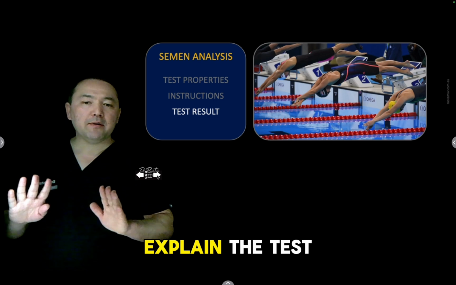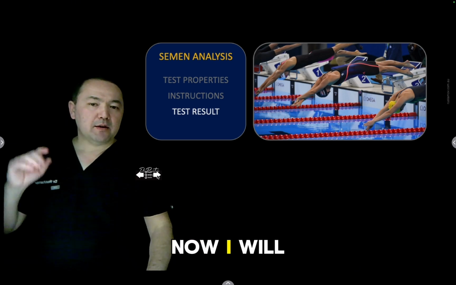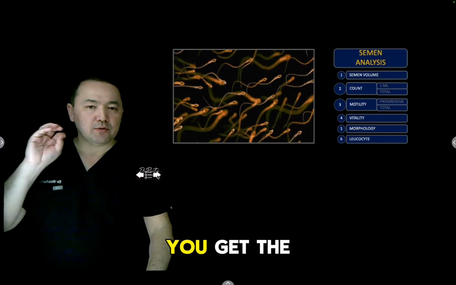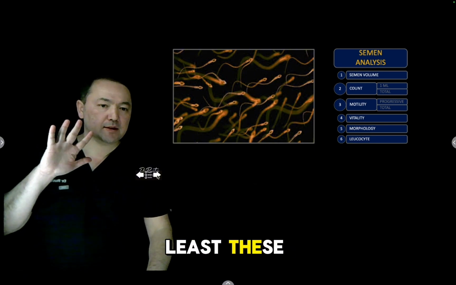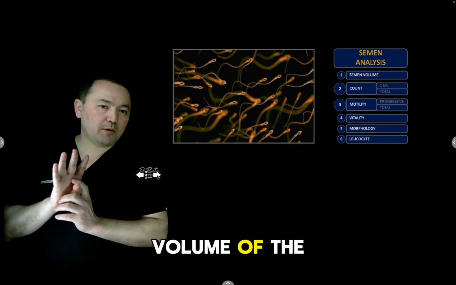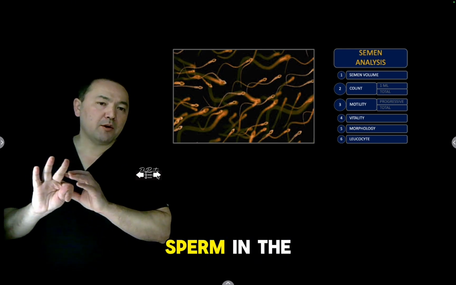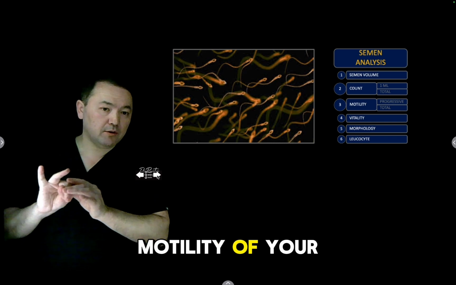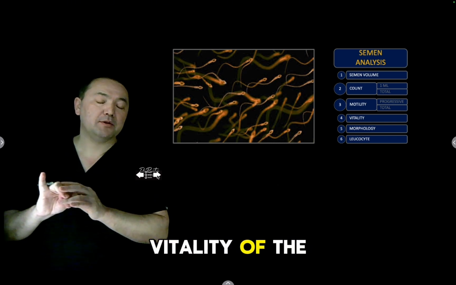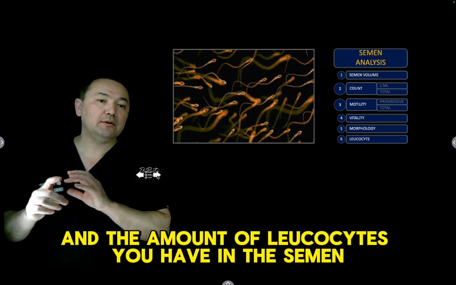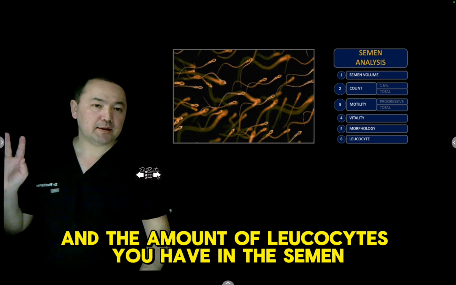Okay, now I will explain the test results. When you do a semen analysis test, you get a report on at least these 6 parameters: volume of the semen, concentration of the sperm in the semen, motility of your sperm, vitality of the sperm, morphology, and the amount of leukocytes you have in the semen.